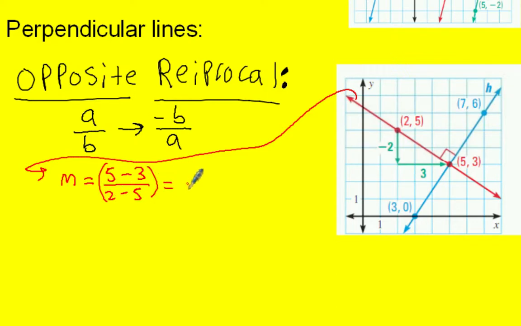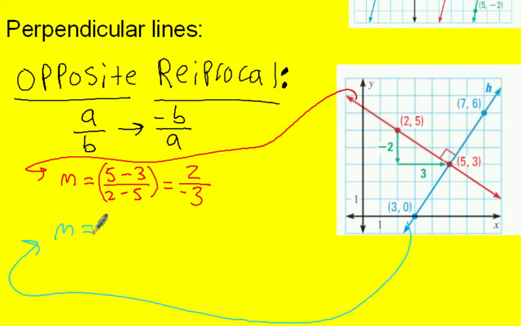And that's going to equal 2 over negative 3. So that's the slope of the red line. Let's do the slope of this blue line. The y's are going to be 6 minus 0 over 7 minus 3, which equals 6 over 4, which equals 3/2. And those are opposite reciprocals. Yes, they are perpendicular.